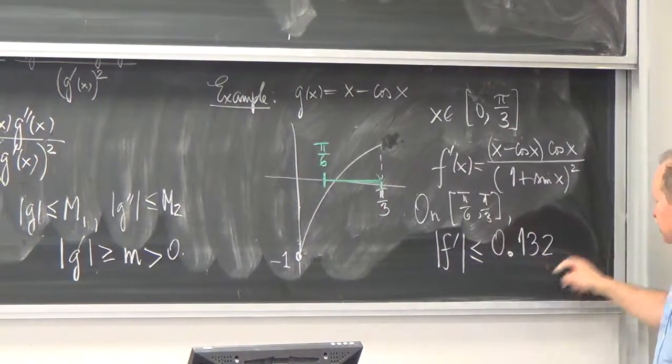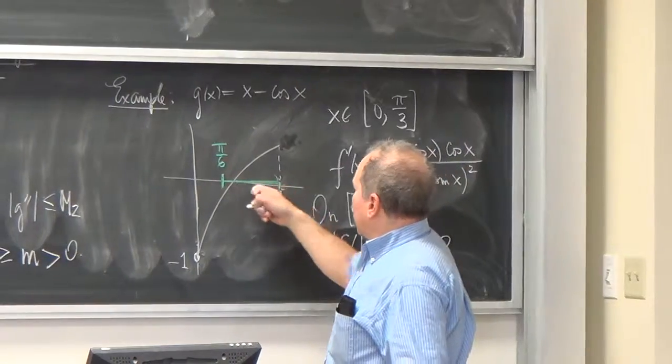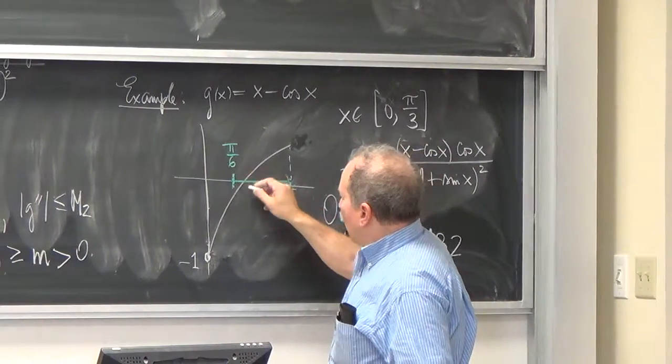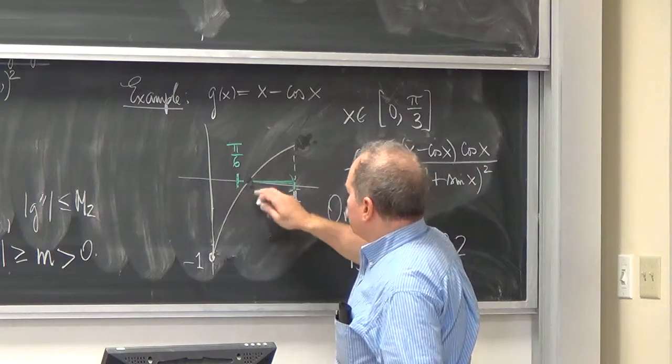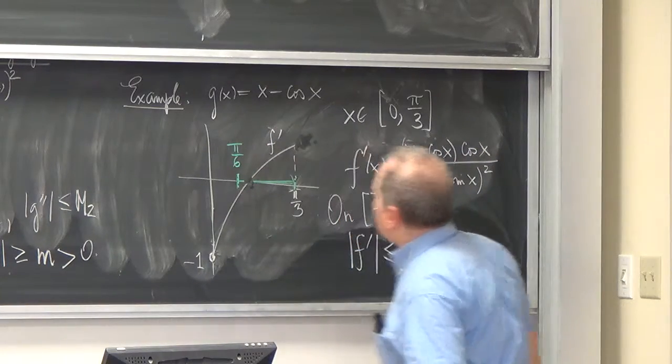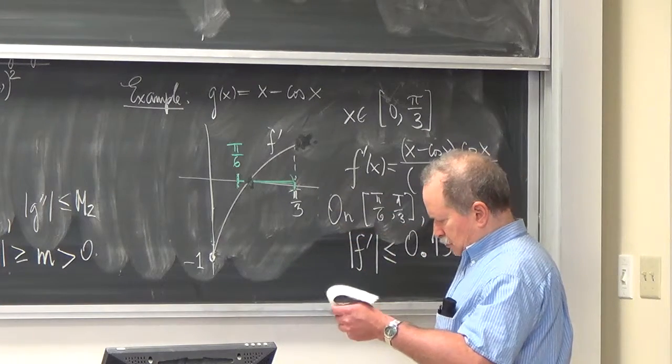So that would be your C that would work for sure. And so you can see that if you start at a reasonable place, not too far from where G is finding a root, this is the graph of f prime here, then, great.